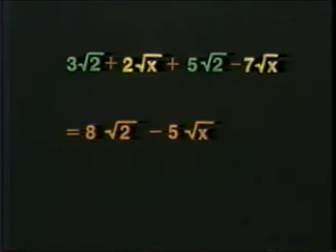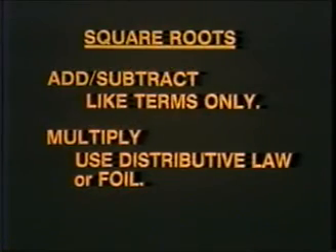How many occurrences are there here of the square root of 2? 3 plus 5, or 8 times the square root of 2. How many of the square root of x? 2 minus 7, or a negative 5 times the square root of x. So now you know how to add, subtract, and multiply expressions with square roots or radicals.